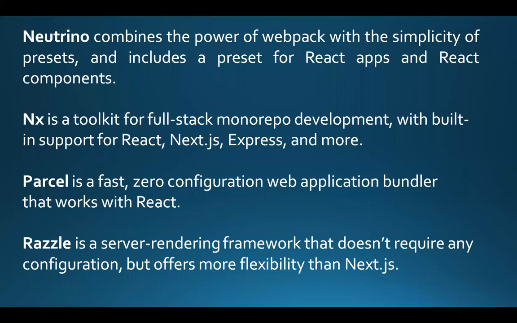What are these? I will explain these options in detail. We have Parcel, we have Razzle. That means in real-time projects, React is used in combination with so many frameworks and libraries. A React learner should have an awareness of these frameworks also.